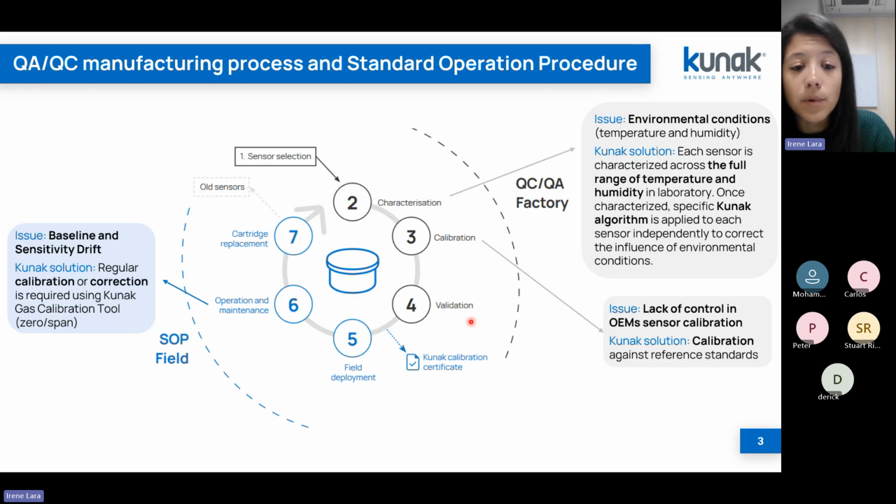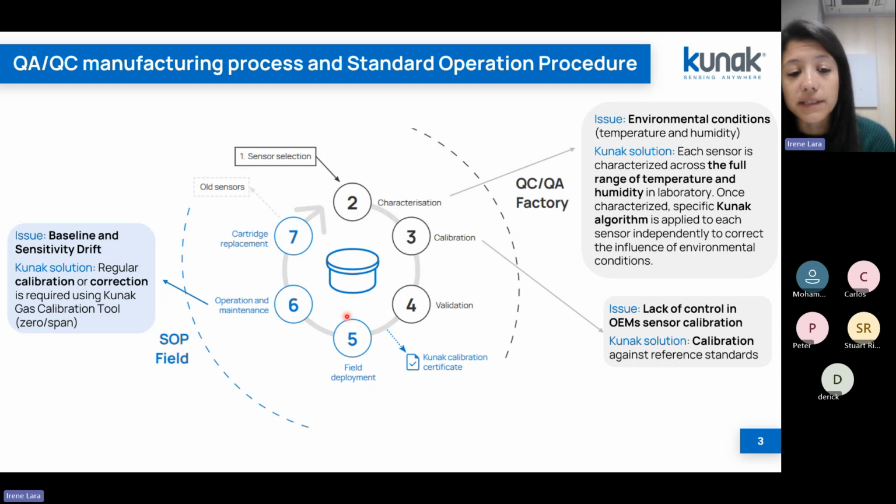In this step, we verify that the algorithm that we have selected for characterization and the sensitivity are the correct ones for that sensor. And then the Kunak certificate can be issued. These are all the steps that are performed in our factory, and at that time the unit can be deployed on field.